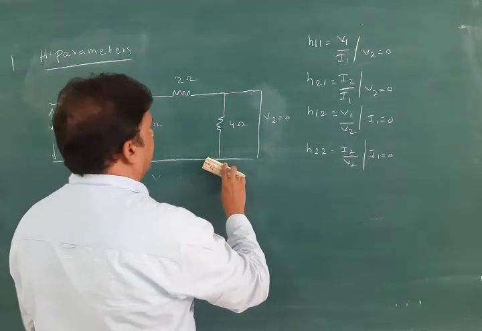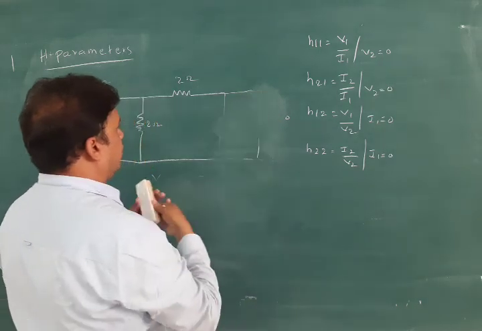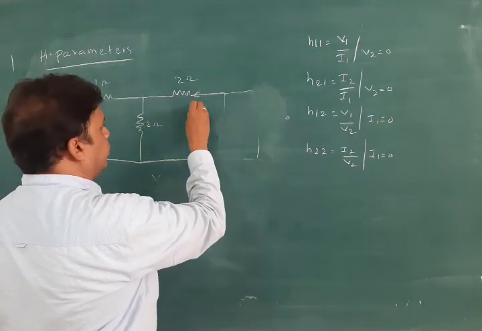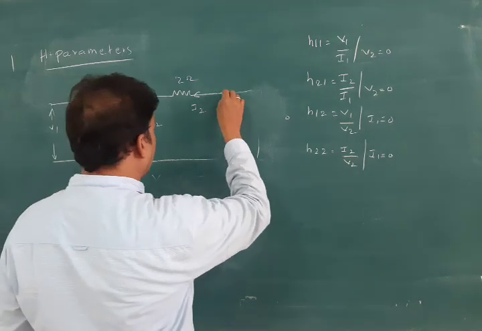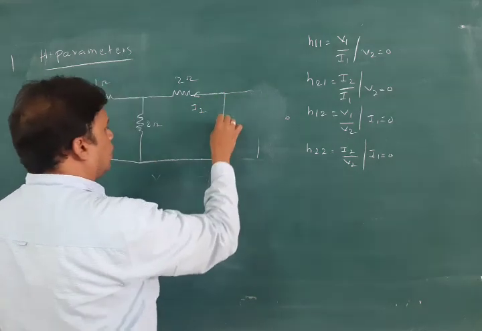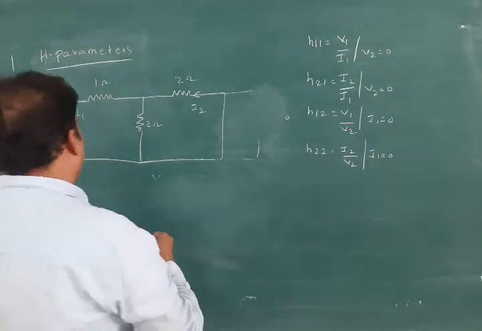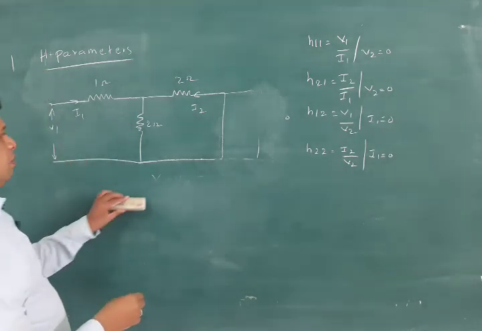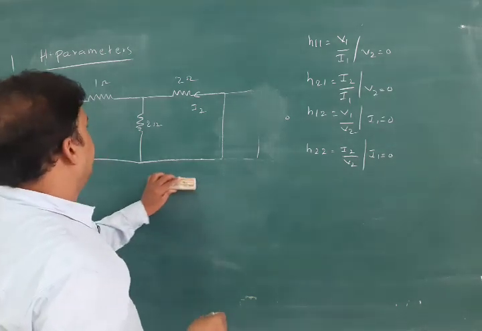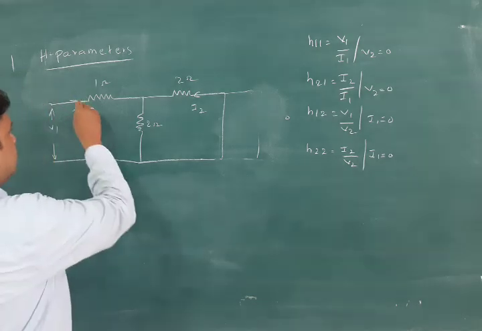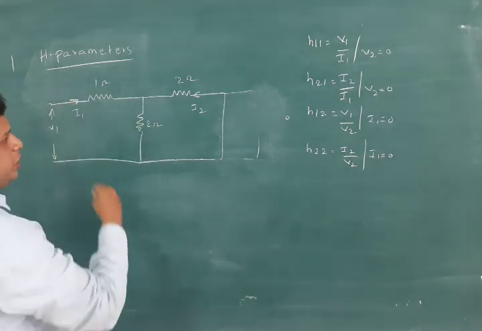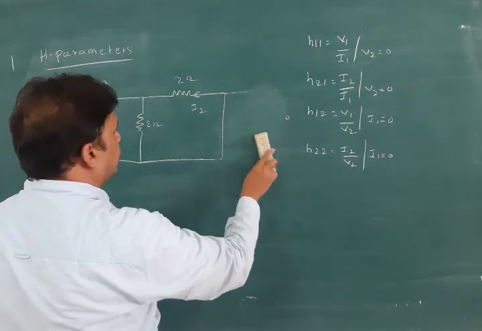We start from here with I2, and here I1 is there, and both are in opposite directions to each other.